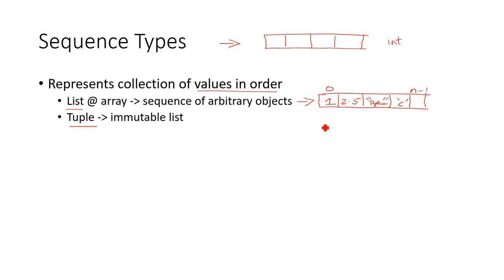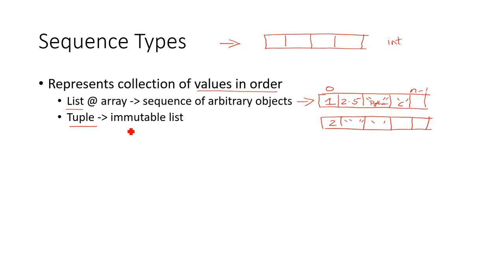So what is the difference between the tuple and the array? For example, you have a tuple like this. A tuple is also similar to an array in appearance. We store arbitrary values: you may have a float, a string, or a character. So you may have different types of values.